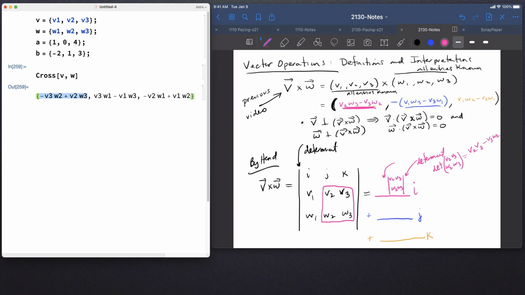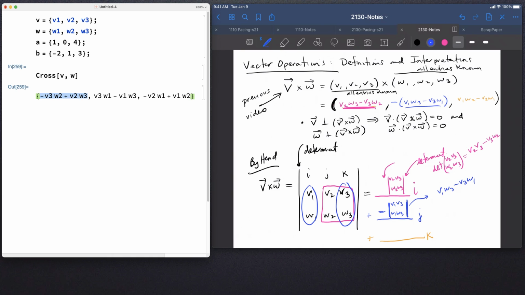Okay. So when you get to the j entry, it's also a determinant expansion, but there's an artificial minus sign in the problem, and then we will use the numbers to find the determinant v1, v3, w1, w3, which gets computed to v1, w3 minus v3, w1.